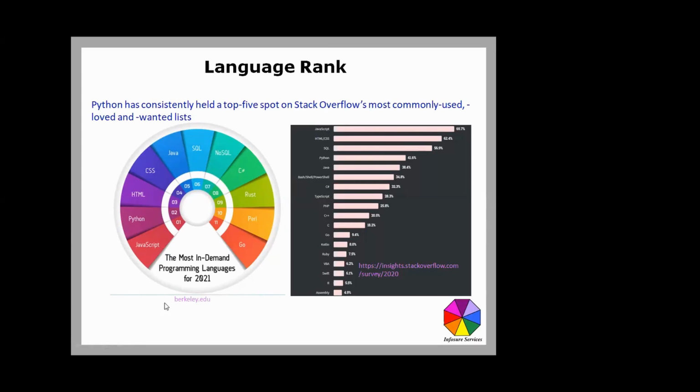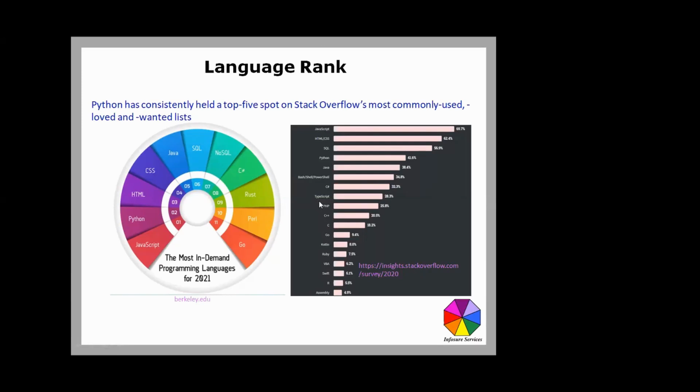This is Berkeley University. For the last 5 years, Python has consistently been in the top 5 in the list of programming languages to learn. Of course, other programming languages like Java and SQL are there. Go is also rapidly getting popular. Stack Overflow is basically a community for software developers who hit errors.